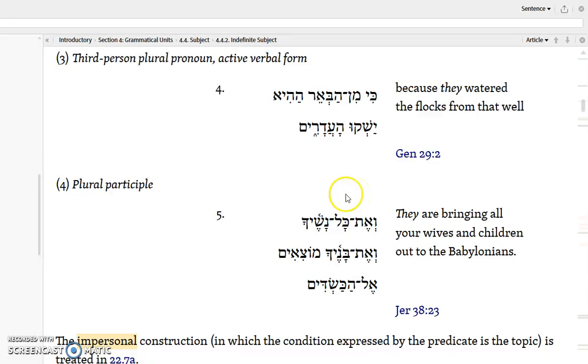And here he gives you an example of a third person plural pronoun with an active verb that's being used as if it were passive. Ki min ha-be'er ha-hi yashku ha-adarim, because from that well they watered the flocks.